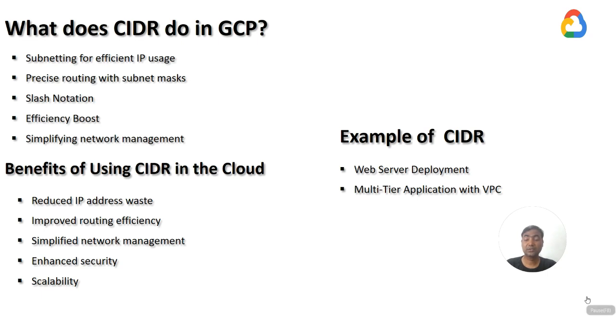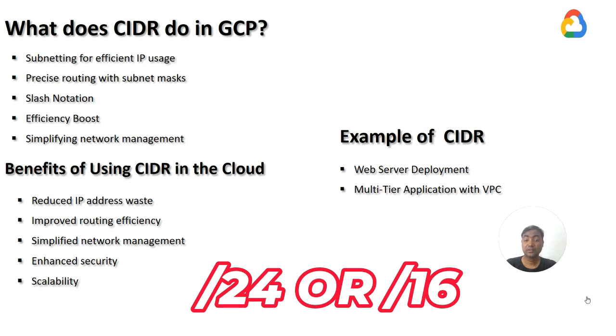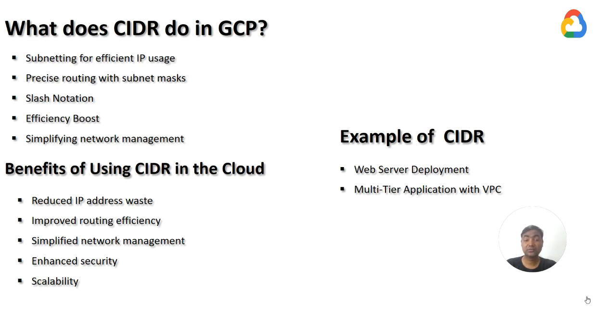The slash notation, this handy shorthand like /24 or /16, tells you how many bits in the IP address are dedicated to the network portion and how many are left for individual device hosts. The lower the number, the larger the subnet and the more available hosts. Efficient hosts: by creating subnets, you avoid wasting precious IP addresses.